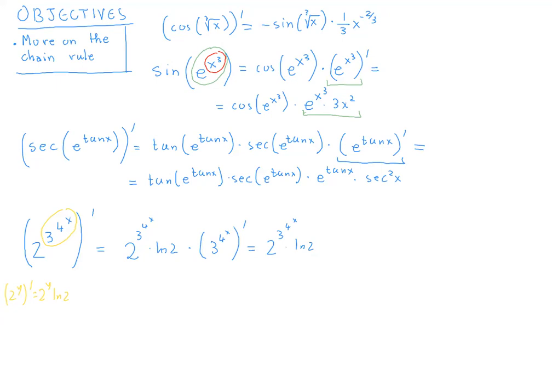And here, if we focus now simply on 3 to the 4 to the x, then we have that y for us will be 4 to the x. So we're looking at 3 to the y. So the derivative of 3 to the y is simply 3 to the y, meaning 3 to the 4 to the x times ln 3. And we have to follow this by the derivative of 4 to the x.